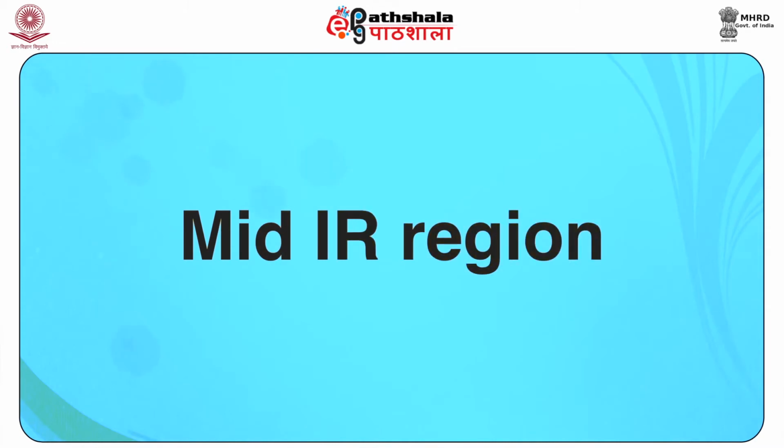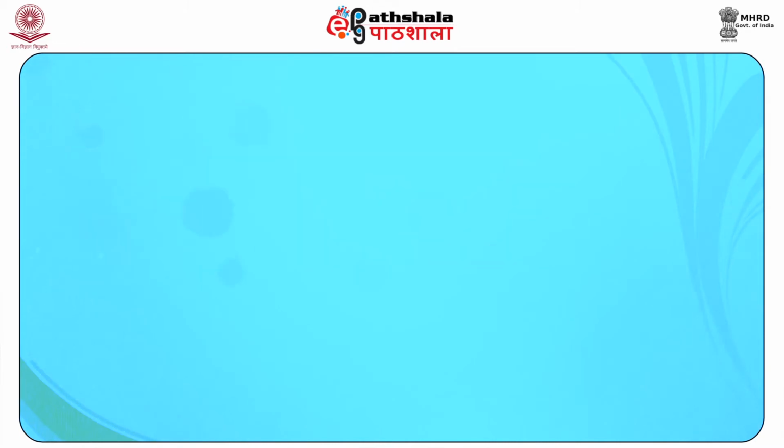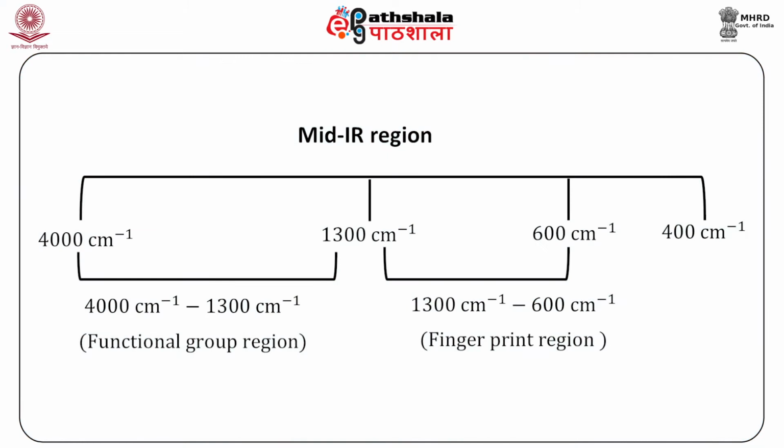Now coming to the mid IR region first, the mid infrared spectrum extends from 400 to 4000 centimeter inverse and results from vibrational and rotational transitions of a molecule. This region is most useful for the organic chemist since most organic molecules absorb in this range of IR.